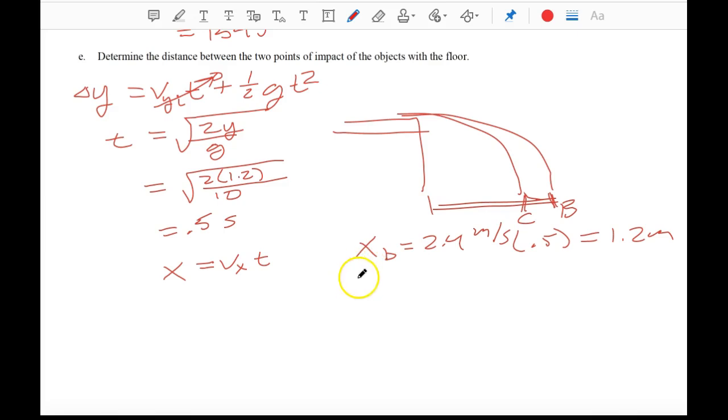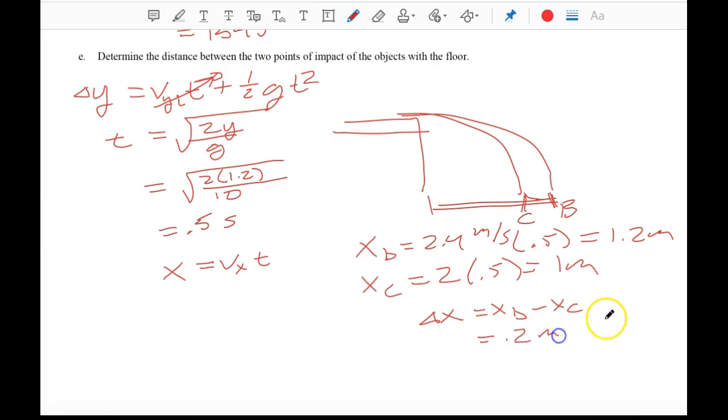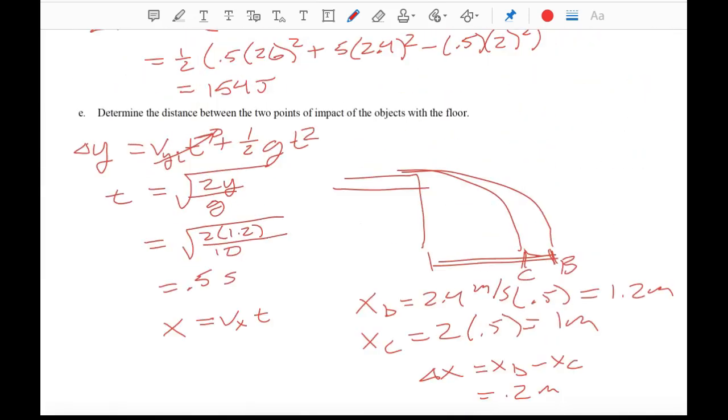So that's where the ball is. And then for the cube, this is 2 meters per second times 0.5 seconds. So that's just 1 meter. So the distance between the two is the delta x. That's equal to the position for B minus the position for C. And so you should get 0.2 meters between the two, because 1.2 minus 1 is 0.2. And that should be the end of this problem, and it is.